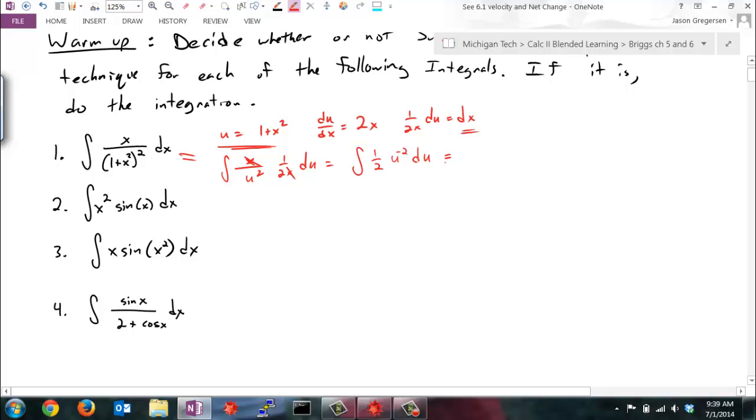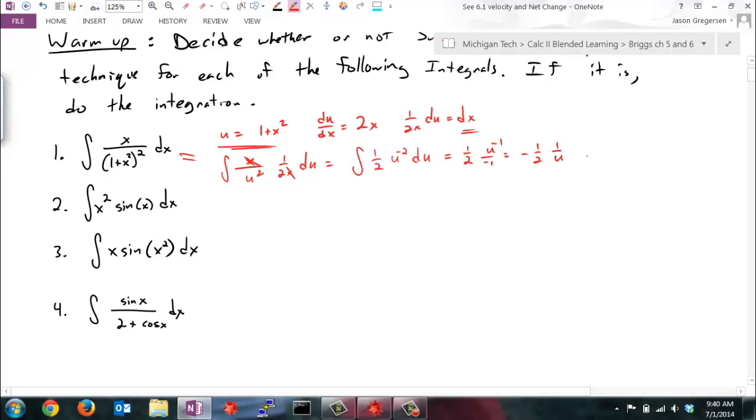And from here I do the integration. Now 1/2 can sit out front. I'm really integrating u to the negative 2 power, so I can use the power rule directly. So this is u to the negative 1 divided by negative 1. I'm left with negative 1/2 times 1 over u, plus c, of course. But at this point, I'm not quite done yet.